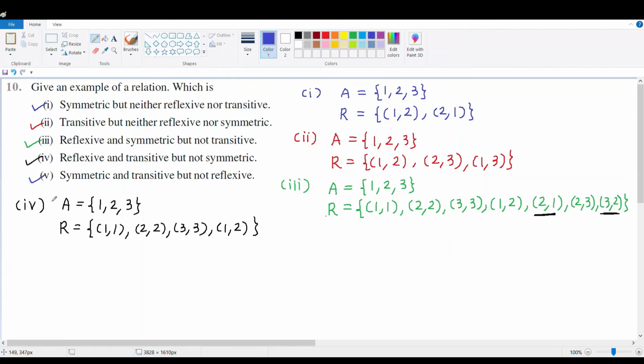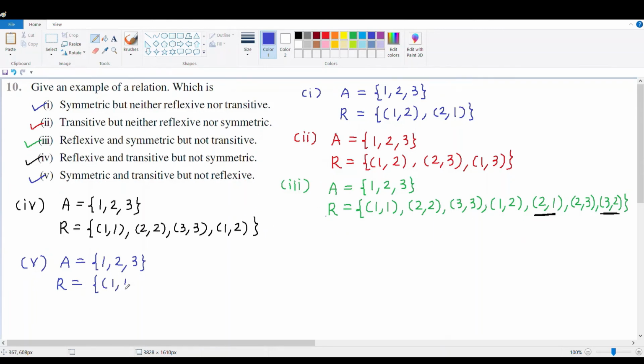Now we'll do question 5. For 5a, we can take the same 1, 2, 3, and this time it must be symmetric and transitive but not reflexive. So we cannot take all of those 1, 1, 2, 2, 3, 3, because then it would be reflexive.